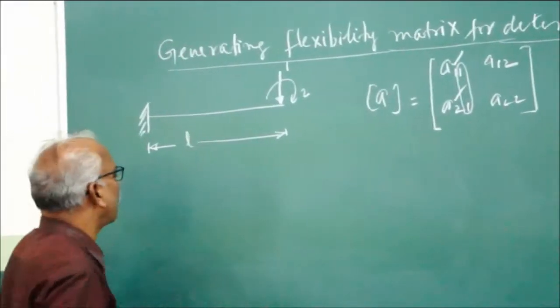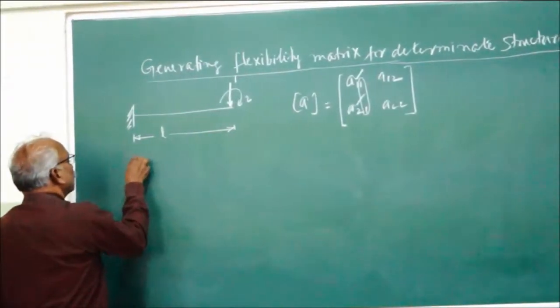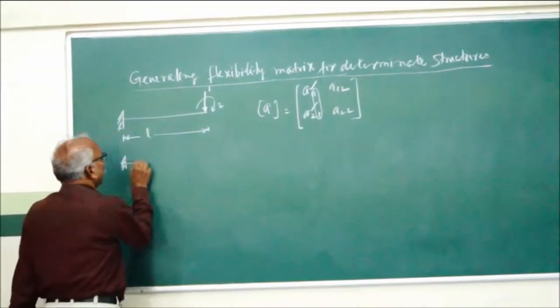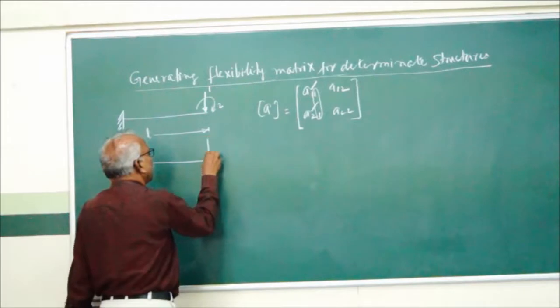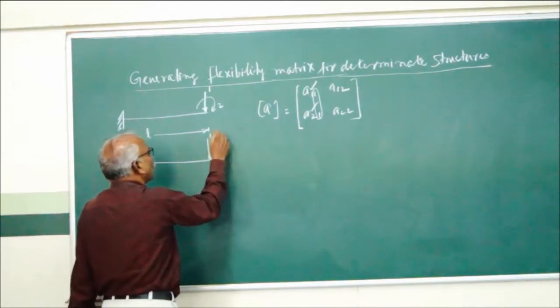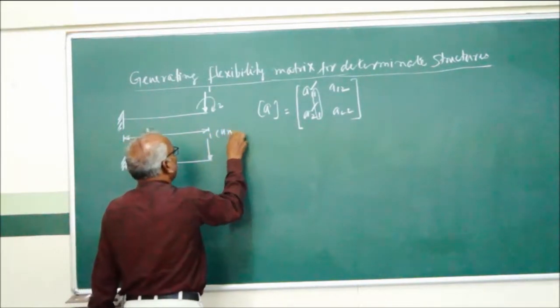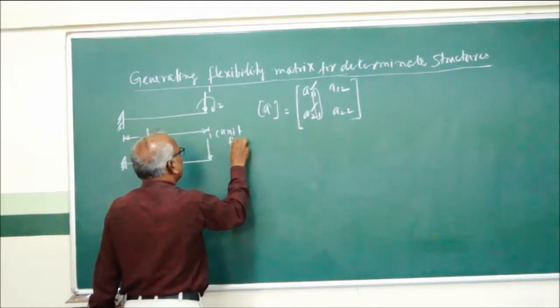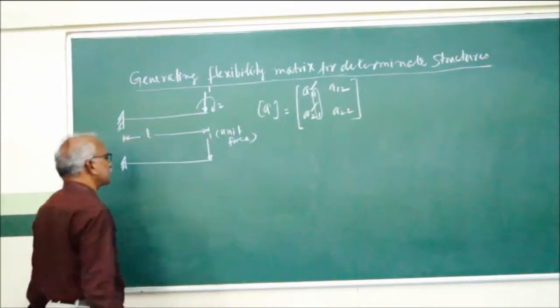Now, for getting the first column, apply the unit force along coordinate 1 only. This 1 stands for unit force.